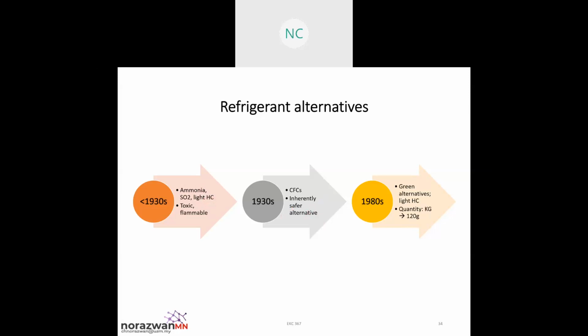So starting from the 1930s, all refrigerators were built using CFC as a refrigerant until the 1980s, when we found out what CFC had actually contributed to.